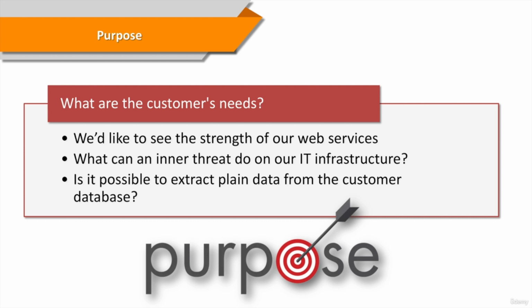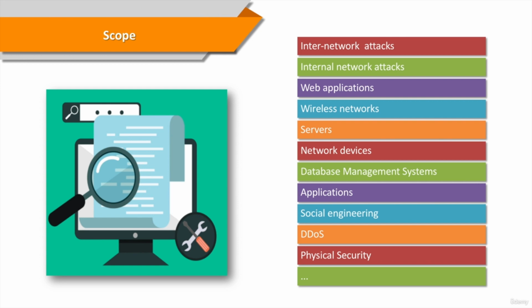For example, who is the most important threat for the customer? An insider, an employee of that company, or an outsider? What is the most important asset that the customer wants to protect? A customer database, financial records, etc. From physical security to web applications, there are a lot of different topics and infrastructures that may be subject to the pen test.